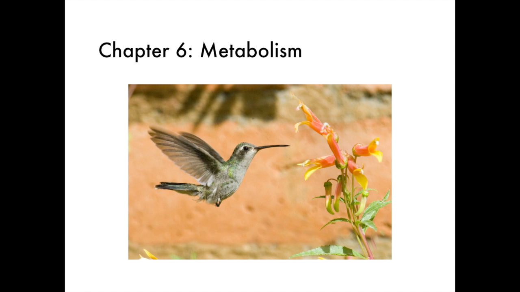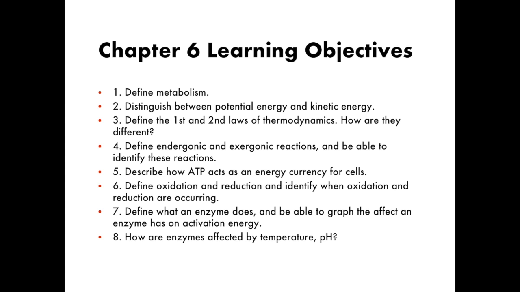Like this hummingbird is flapping its wings to seek out nectar being produced by this flowering plant over here. And that nectar is produced by photosynthesis. So all of this is using energy in a variety of different ways to execute certain chemical reactions.